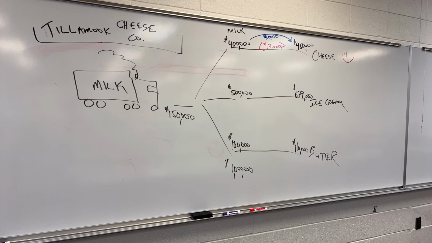But should Tillamook Cheese Company make ice cream? You guess. That is not confidence inspiring. What two numbers are you comparing when you give me that answer? Because that's actually what we're doing. We need to do math. We need to do the same math we've already done.